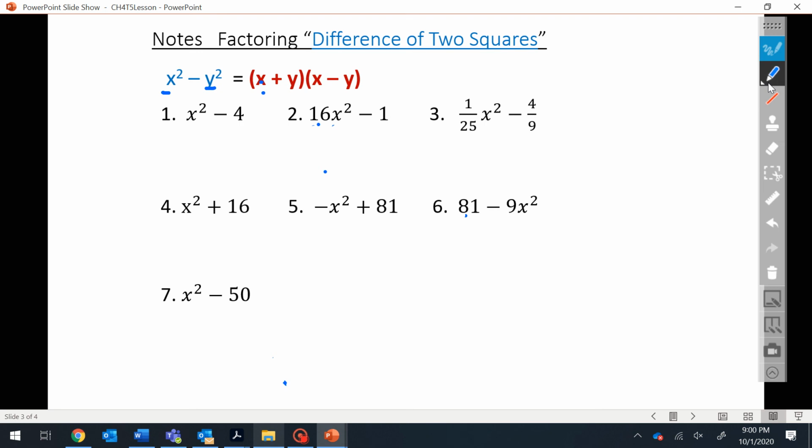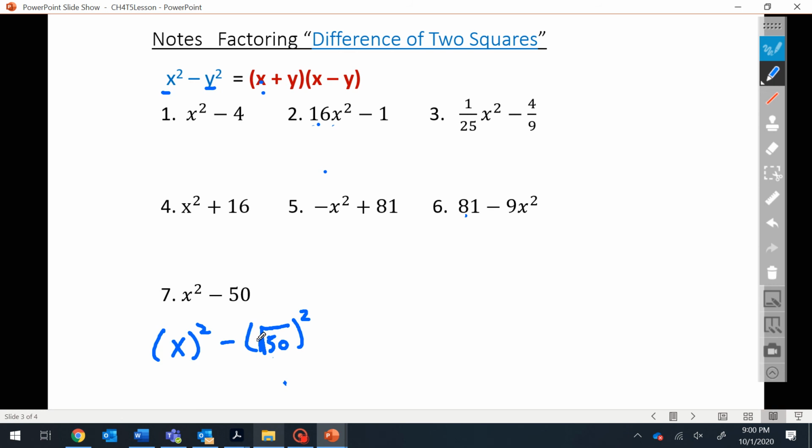Number 7. You might be saying, you can't, negative 50, squared minus squared. 50, that's not a perfect square. That's correct. 50 is not a perfect square. You're correct. There is no number that squares perfectly to 50. However, you can still take the square root of 50. The square root of 50 is just the square root of 50, and the square root of x squared is just x.